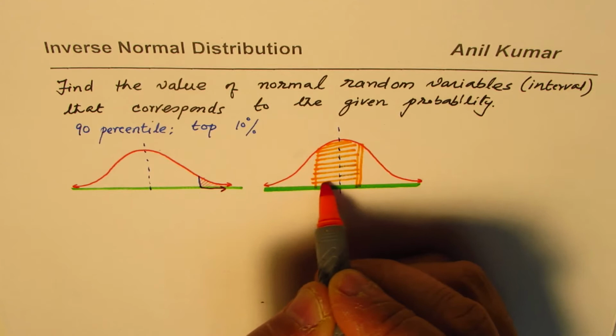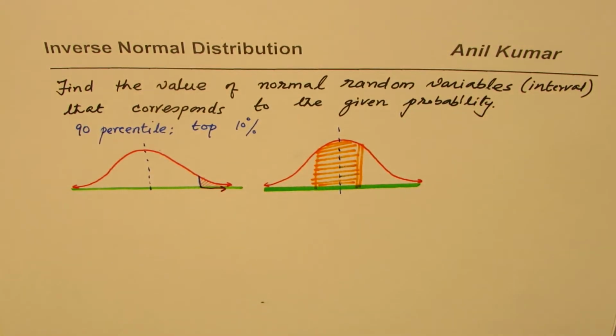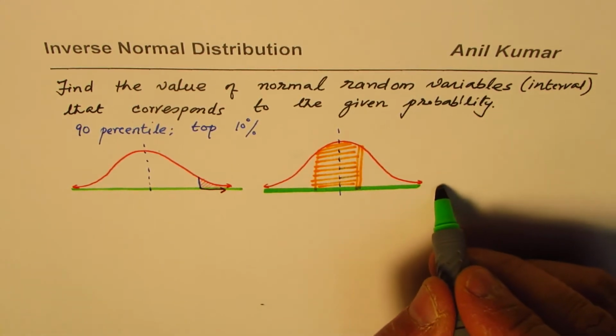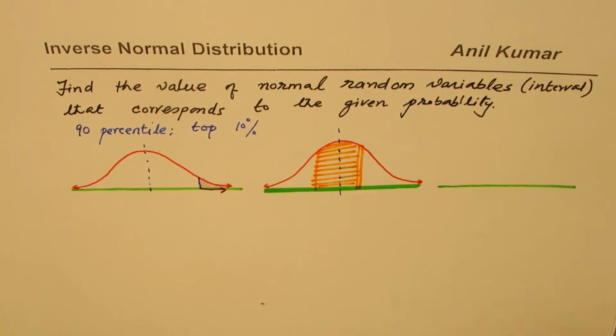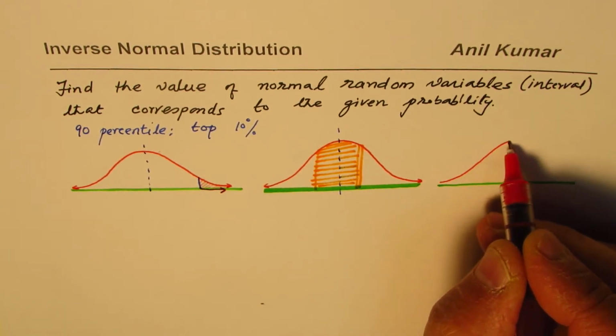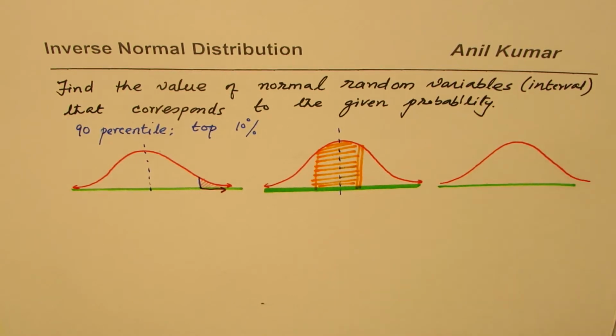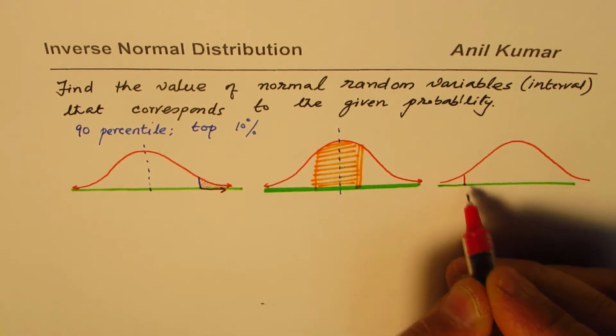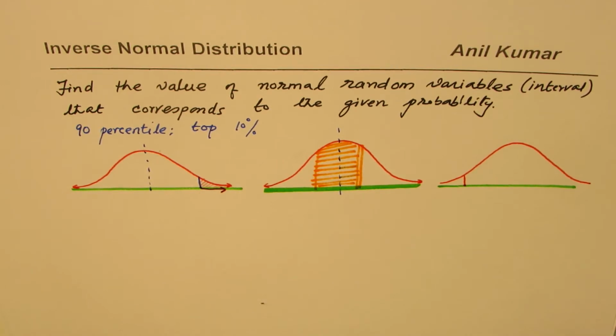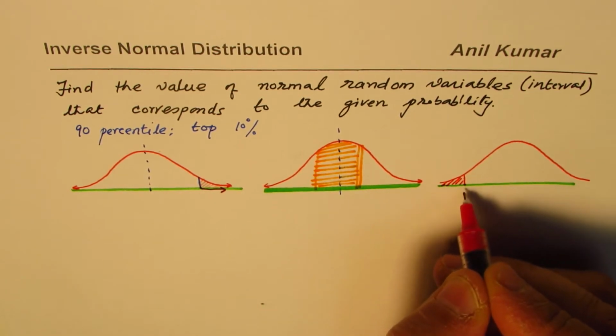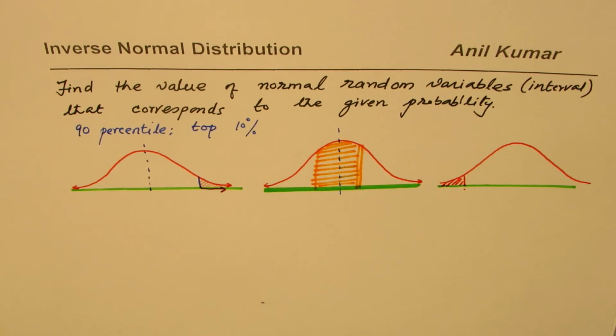So we are looking for that kind of result. We want to know what is the value of the random variable which will satisfy that kind of criteria. Or we might have a case where we are looking for the probability that it should be at least this much, to qualify for these standards. These are different scenarios which we can work with.